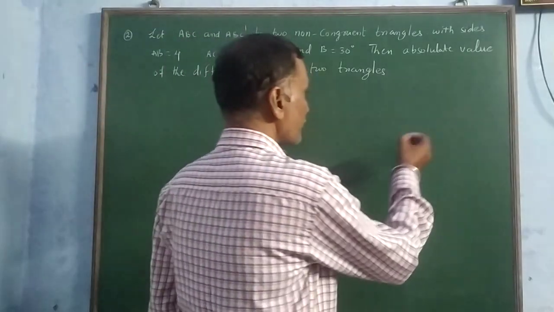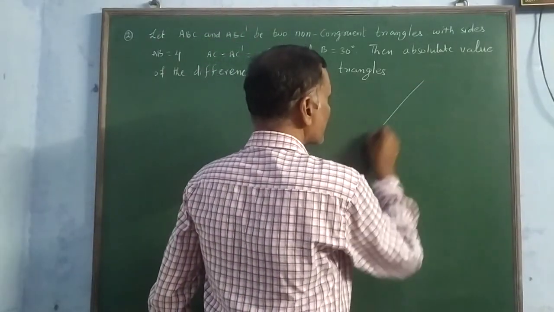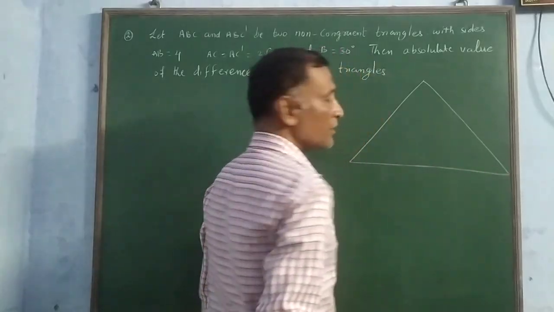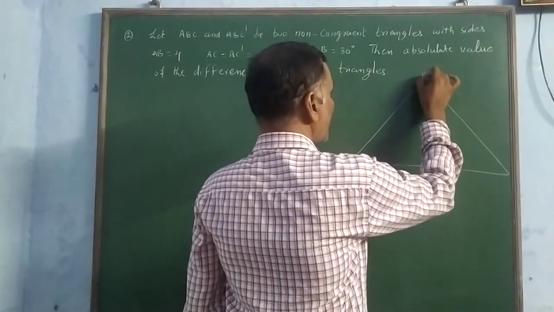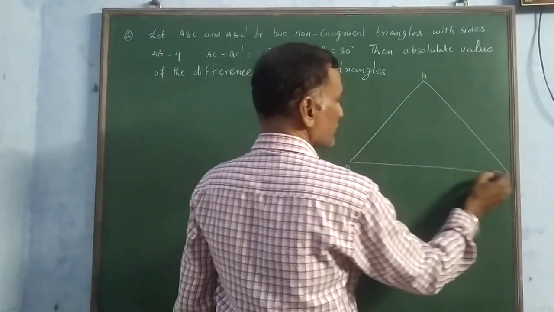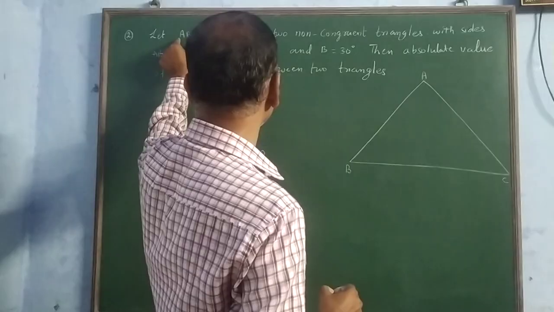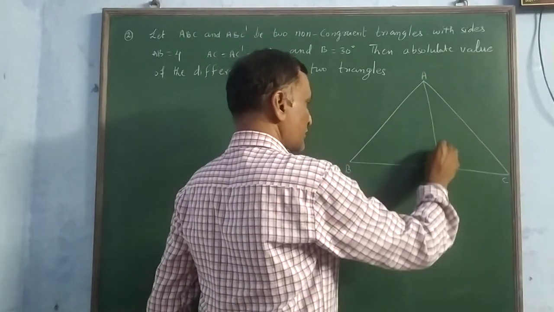How can we find it? First, draw the diagram. This is your triangle. A triangle consists of three corners, A, B, C. Here, triangle ABC and triangle ABC dash, with C dash like this.